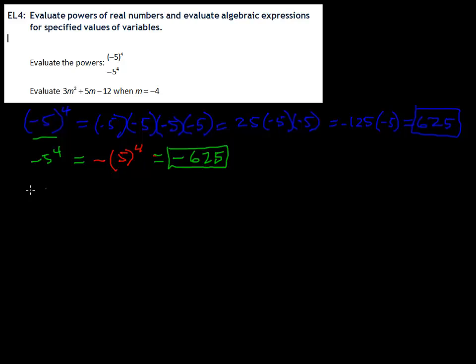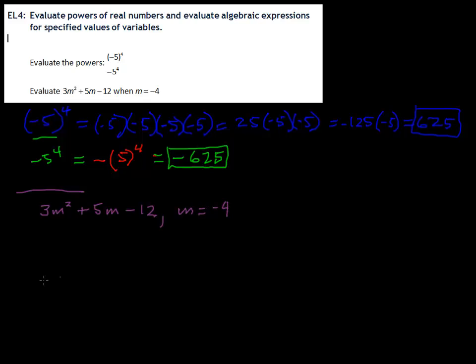Okay, so let's go on to this other expression. 3m squared plus 5m minus 12. A quadratic expression when m equals -4.